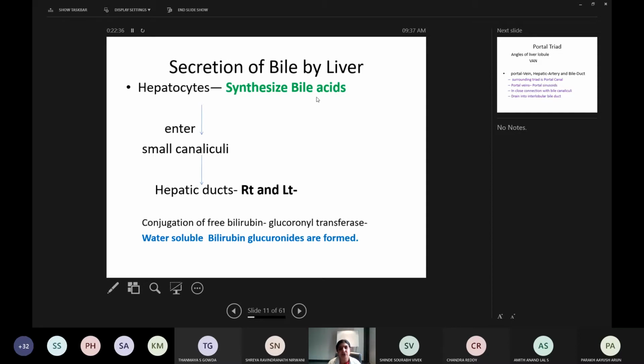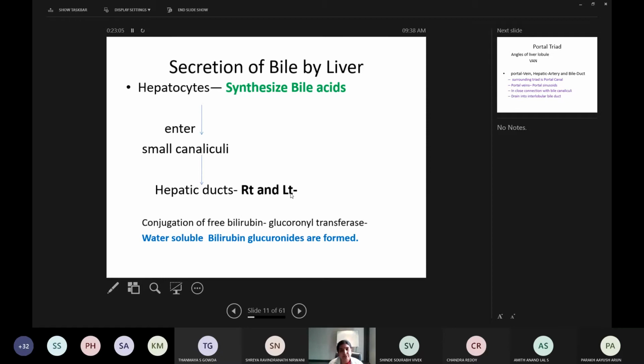Here the precursor is cholesterol ester, then it will enter into the smaller intracellular canaliculi. From there it enters into the main hepatic ducts. The hepatic duct will divide into right and left hepatic duct, from where the bile will get conjugated.